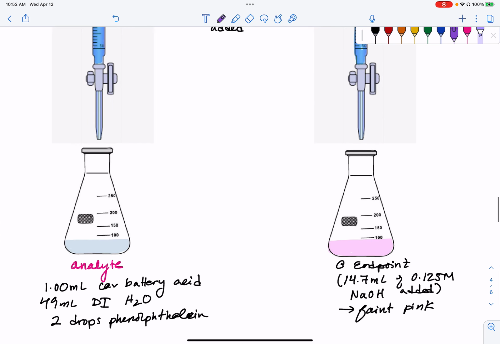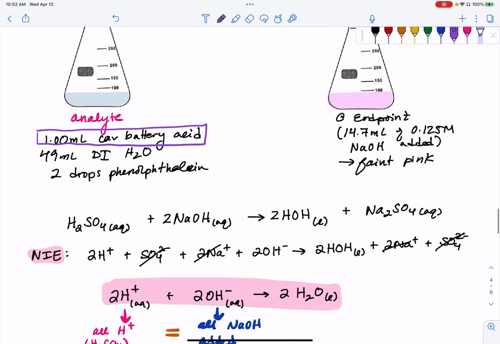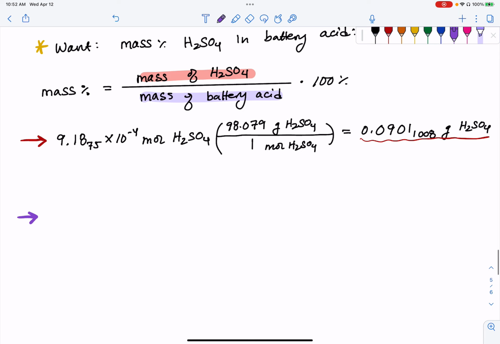That 1 ml sample of the car battery acid is what was the entire source of all of that sulfuric acid. So that's the quantity that I know about my car battery acid. So I know that I had 1.00 milliliter of my battery acid.